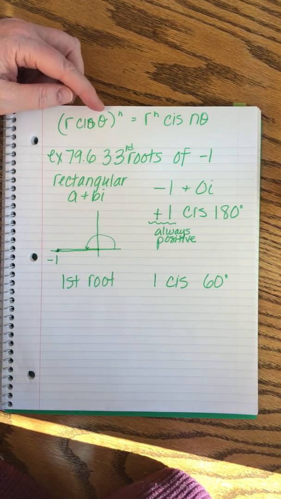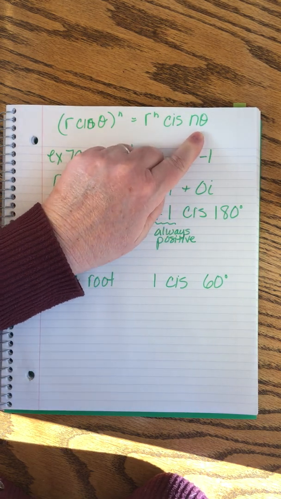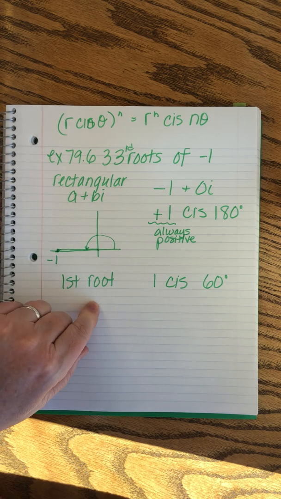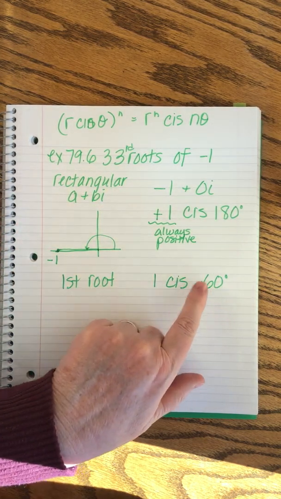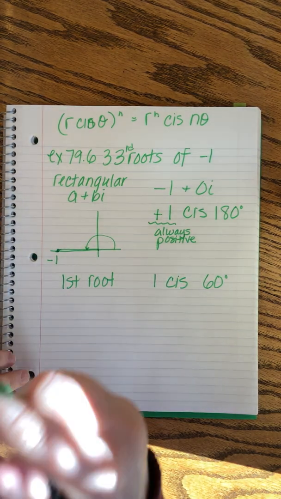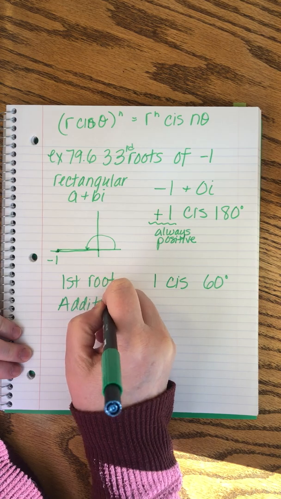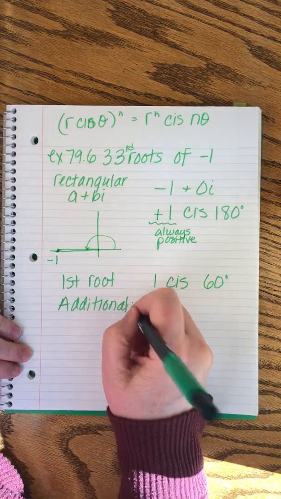Okay, so what I did was take the angle and divide it by the number of roots. So 180 divided by 3 is 60. There's our first root. Additional roots, in this case we'll have 2 more.